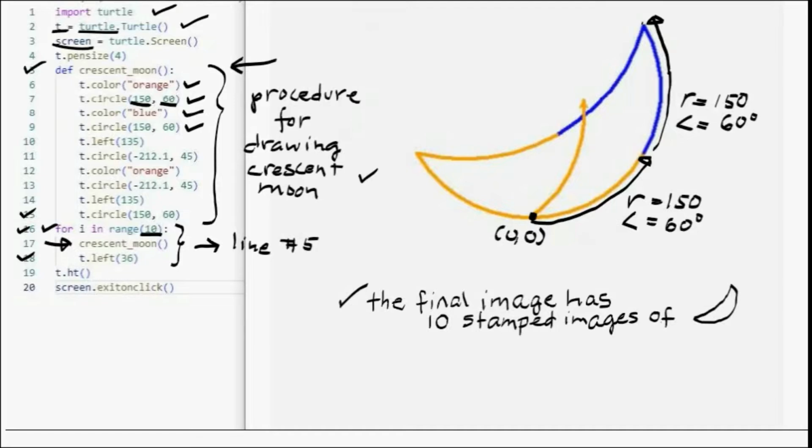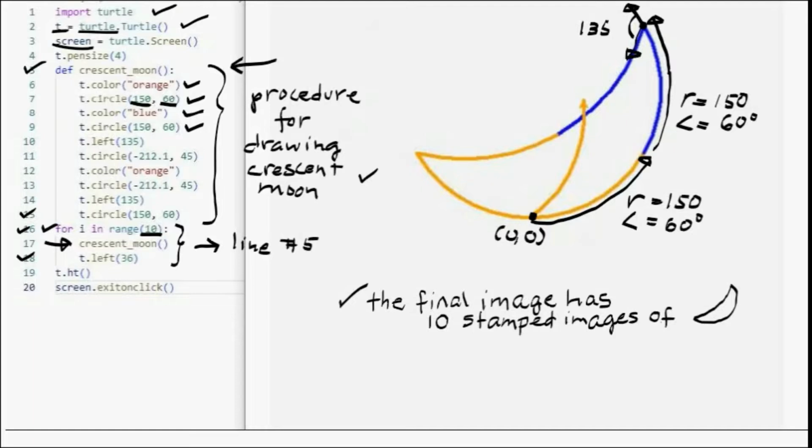So at the tip here, at the upper portion of the screen, the direction of the turtle is like that. But I want to draw the blue arc right here. Look, I'm drawing the direction of the turtle needed to draw the blue arc. And there is an angular difference of 135 degrees.